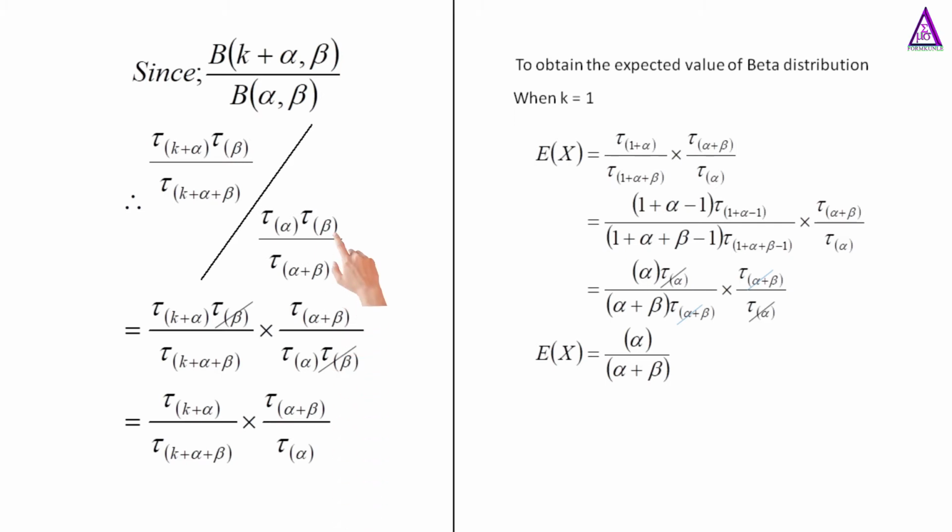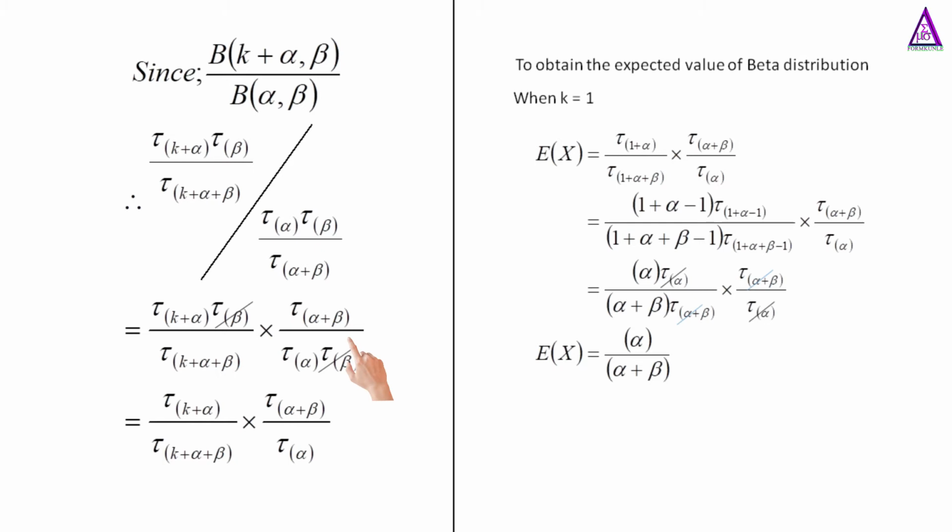We put the value of each of them into this equation to change the division into multiplication. The denominator, B of alpha comma beta, will change to this equation.